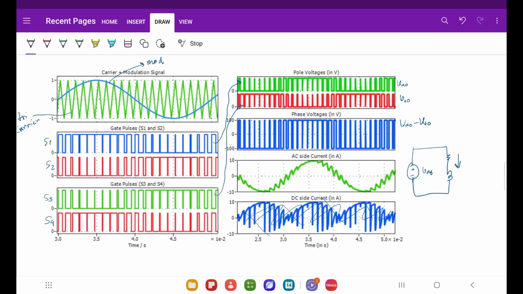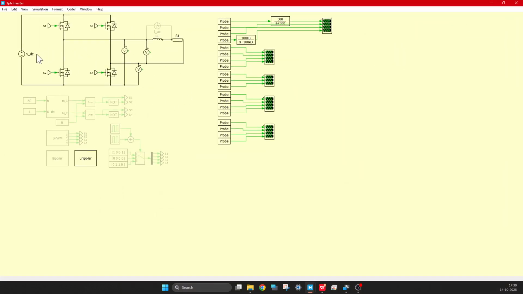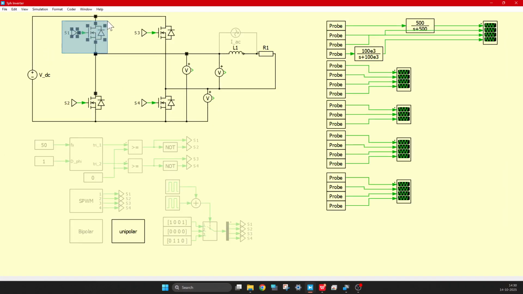We have used Plecs based simulation. Plecs is a very nice software for simulation, and we are using it in our study. So this is S1, S2, S3 and S4, as you can see.